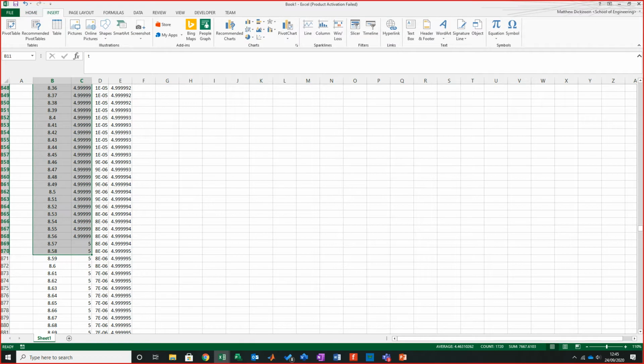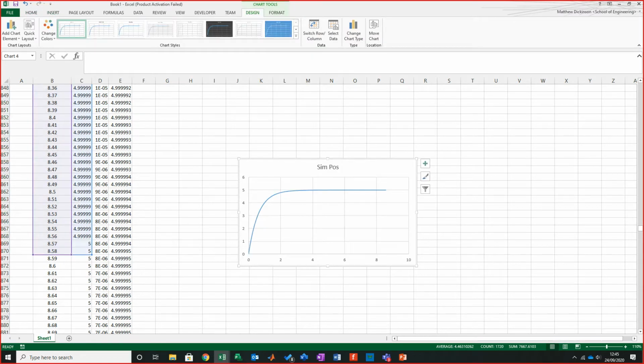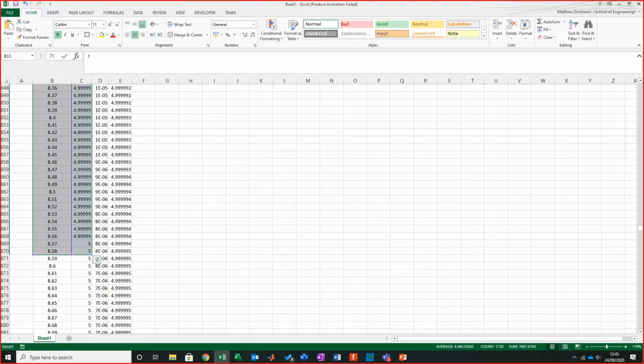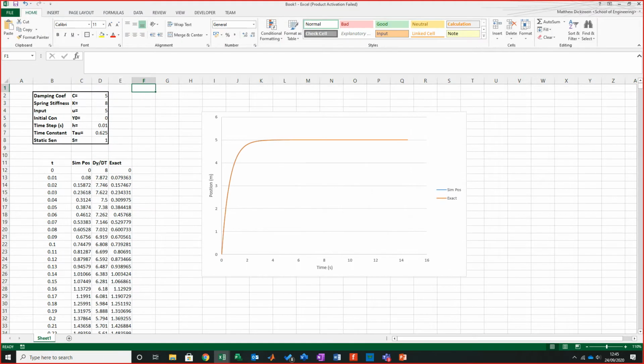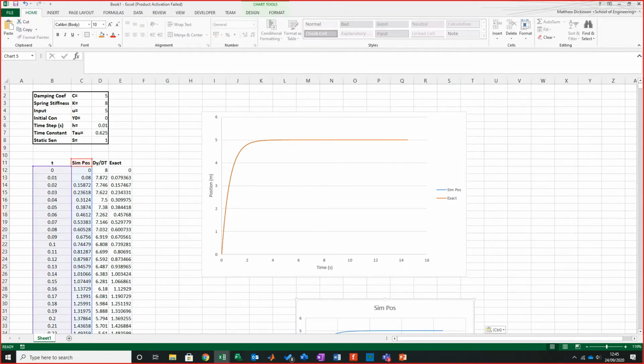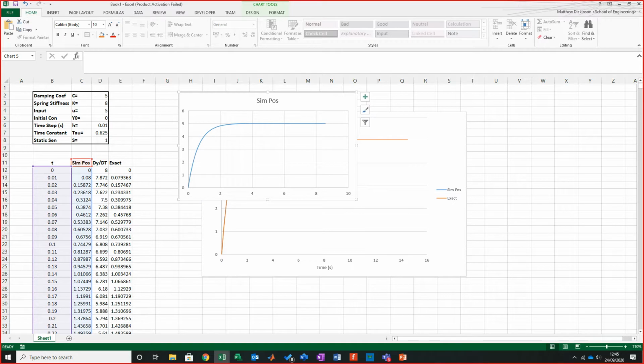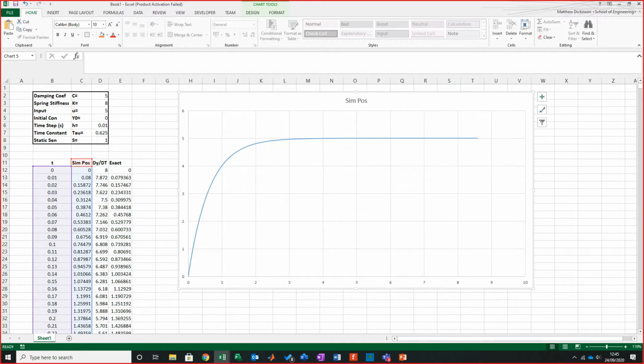So I'm going to insert again, come back and go to there. I'm just going to move to the top and paste that in. So now we've shortened the time down quite a bit, in fact.